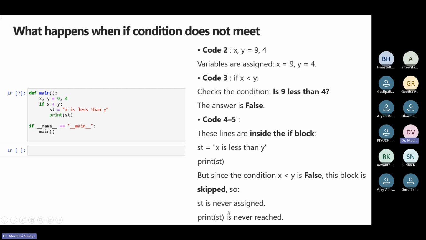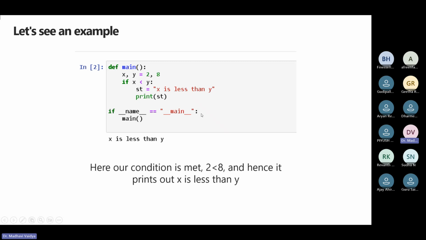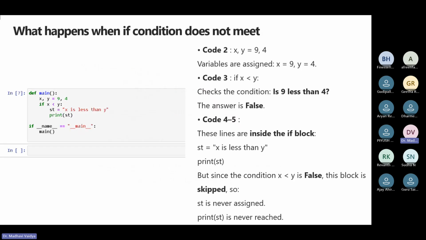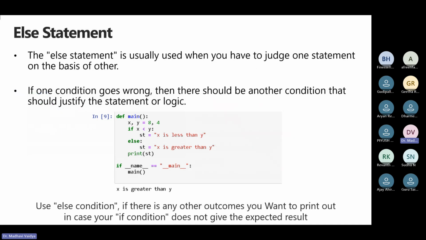It is never going to get executed because 9 is not less than 4. 9 is greater than 4. So what would be the output? Nothing, empty and blank.